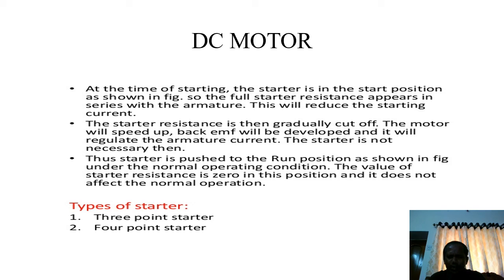This will reduce the starting current. First condition: the starter resistance is then gradually cut off. The motor will speed up. Back EMF will be developed and it will regulate the armature current.